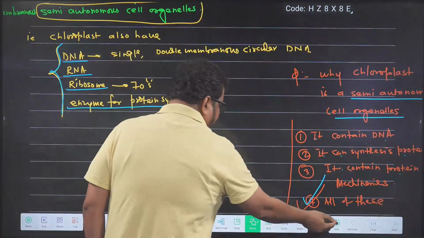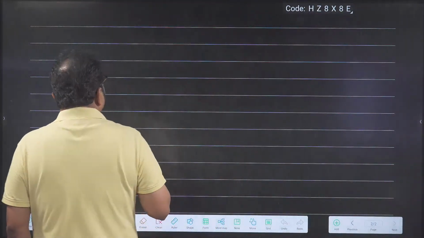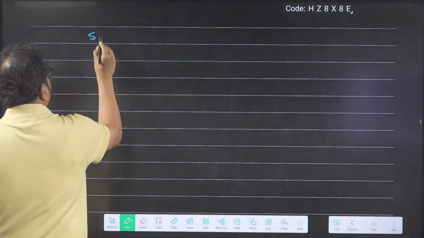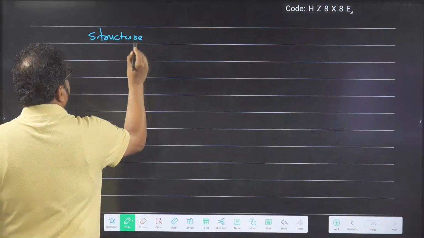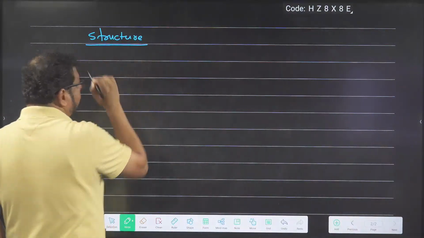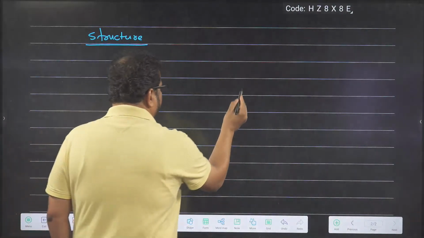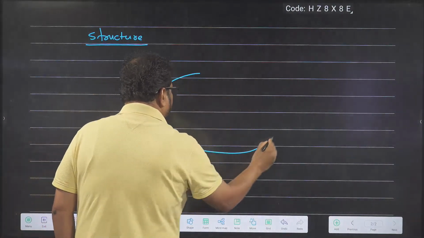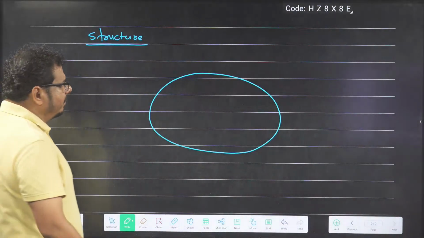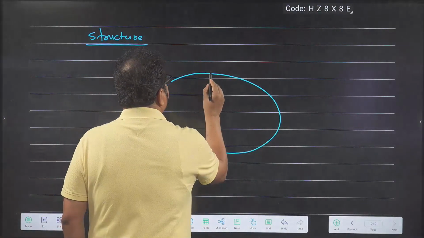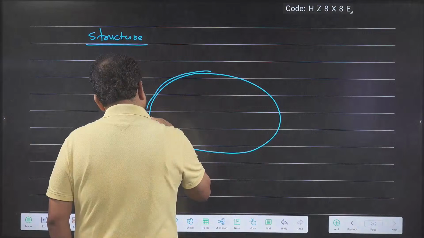Now we are moving ahead. Now we are going to talk about the structure of chloroplast. Two things are remaining, structure and function. So we are going to discuss structure. Have a look. I am going to draw a structure of chloroplast. It has a double membrane bounded structure. It is one membrane and it is another membrane.